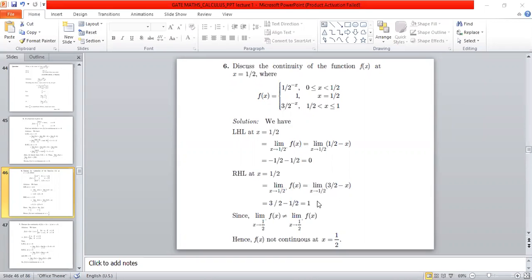So applying 1 by 2 here, that is 3 by 2 minus 1 by 2, that is 2 by 2, and that is 1. So the limit at left hand is not the same as the limit at right hand. So we can say that the function is not continuous. The function is discontinuous at half.